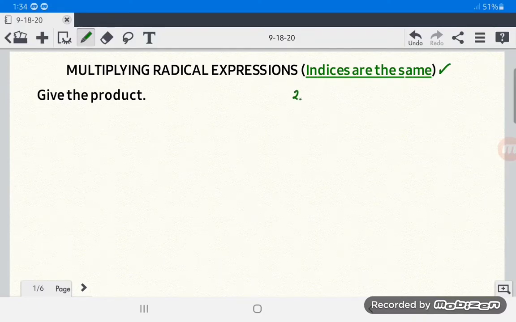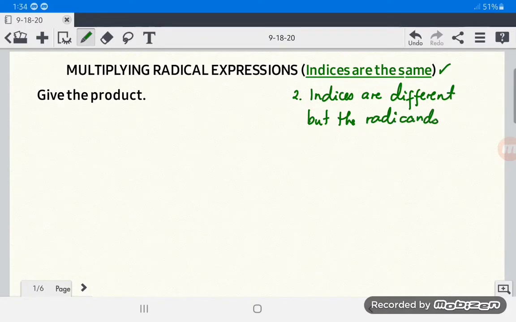Number two, if the indices are different, but the radicands are the same.